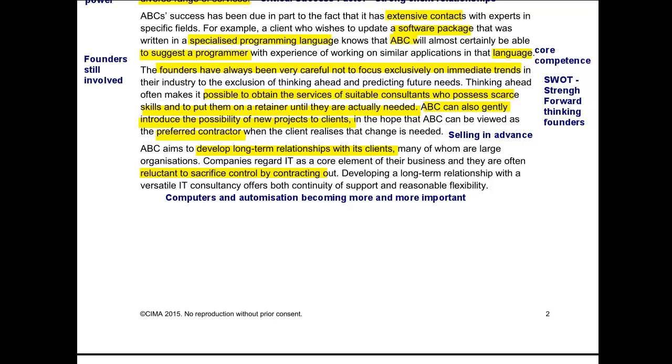So by forging a close relationship now, you are perhaps guaranteeing repeat business throughout your relationship. So as you can see, as we close this first page, there's actually quite a lot of information here that will provide us with a good grounding to go forward and analyze the rest of the case.